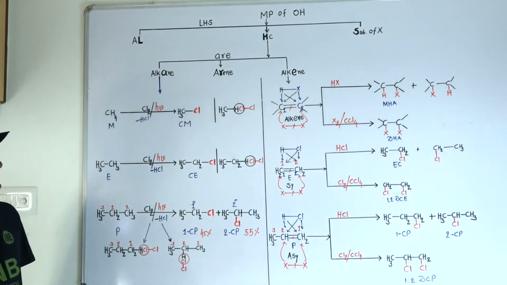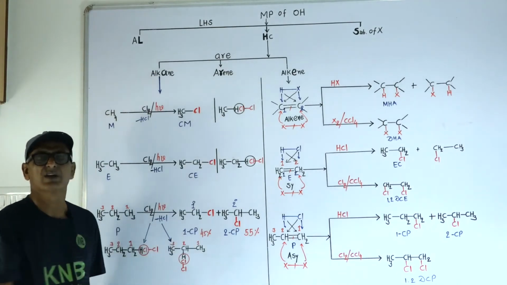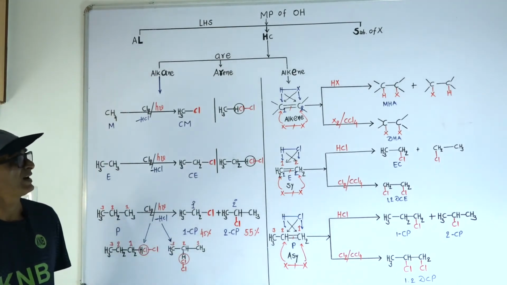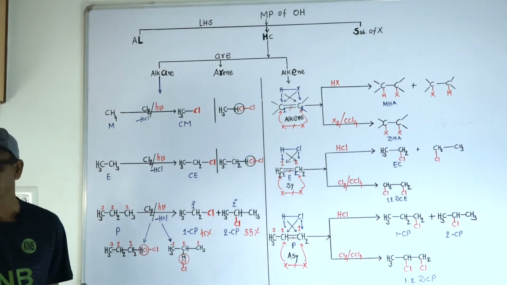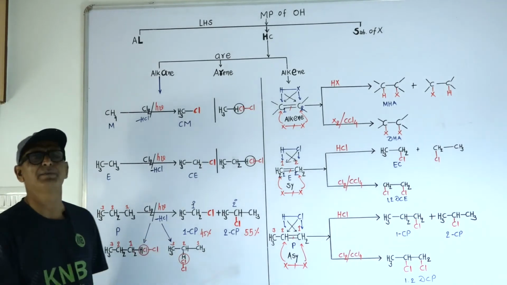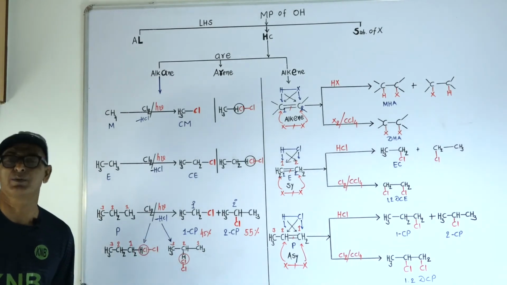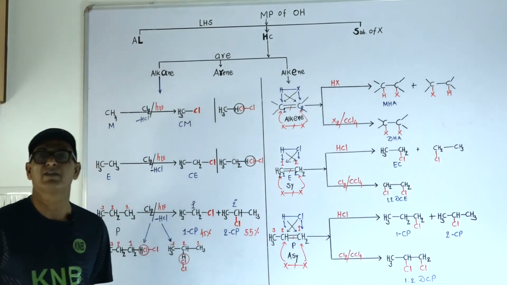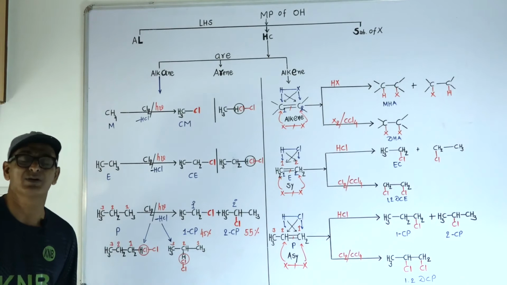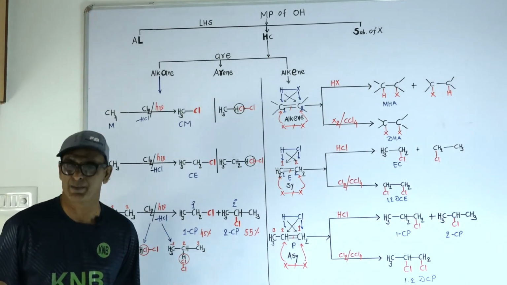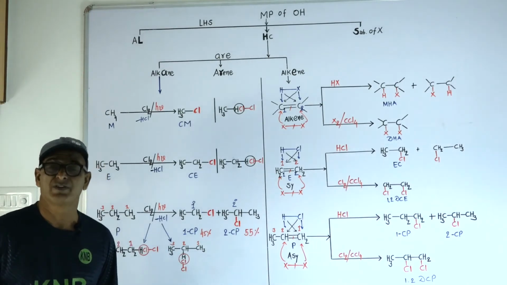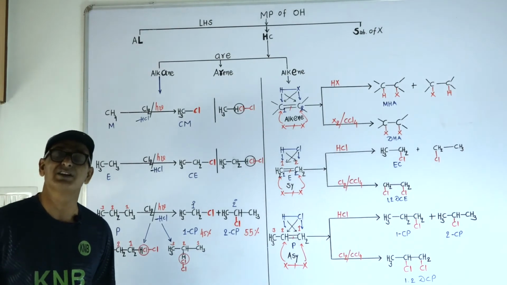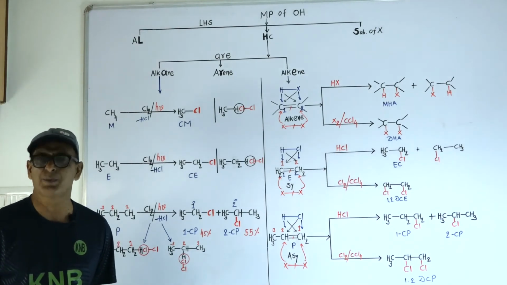Second method: we can prepare organic halide from alkene. Alkene means a hydrocarbon compound having a double bond between two carbon atoms. In the double bond, one bond is a sigma bond and another is a pi bond. Since the sigma bond is strong compared to the pi bond, the pi bond is weak.